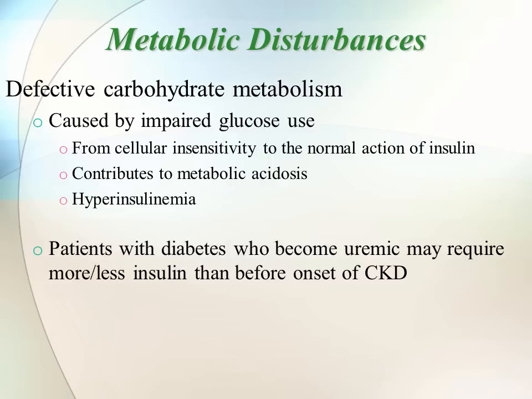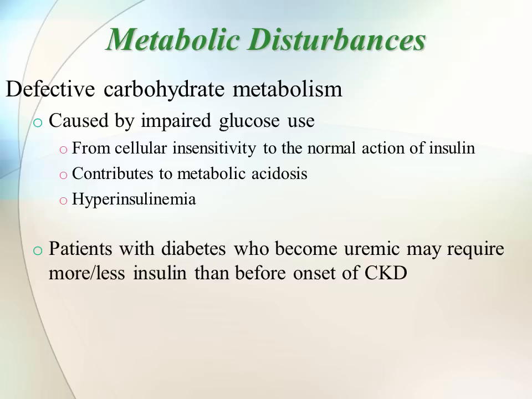Defective carbohydrate metabolism is related to impaired glucose metabolism and cellular resistance. And that cellular resistance may contribute to metabolic acidosis. Well, how's that? Because the insulin resistance does not allow glucose to move inside the cell.